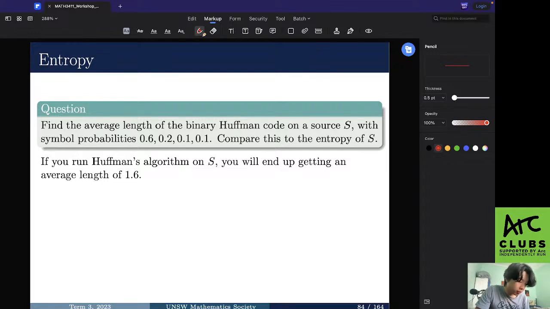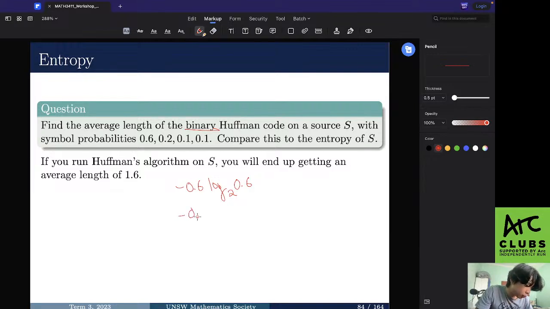Well, it's going to be the sum of all probabilities, where for each probability we do minus 0.6 log, and since this is binary, we have base 2, then we have 0.6, and that's our information for the first probability.